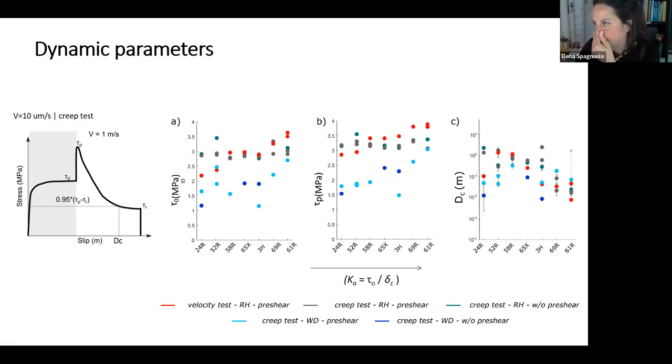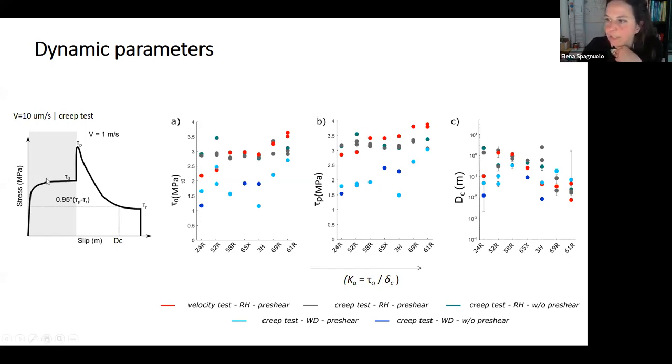The difference between the gray and the green is that we applied the pre-shear stress to have some pre-compaction, and we decided also not to apply the pre-shear with the pre-compaction, because we wanted to see the difference.